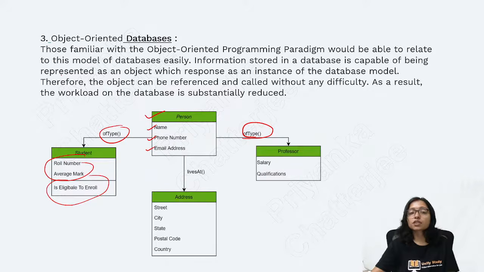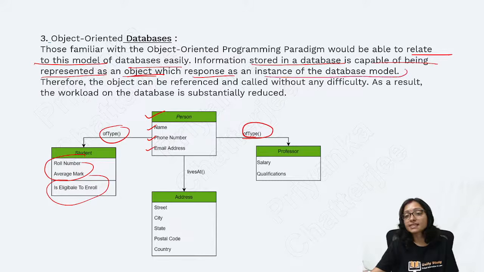That's why it is called the object oriented database. It is able to relate to this model of the database easily. Information stored in the database is capable of being represented as an object, which represents an instance of the database model. It came from the object oriented database category.